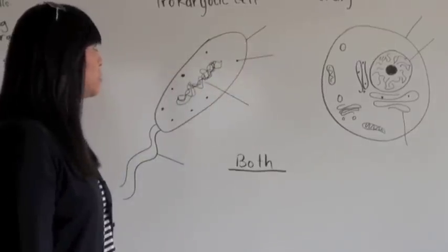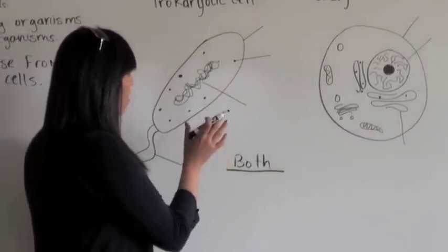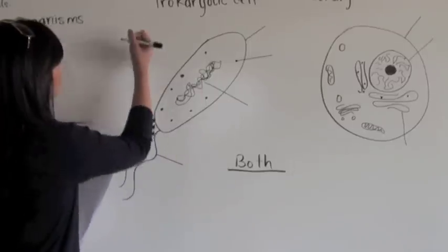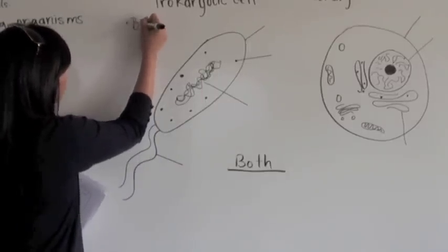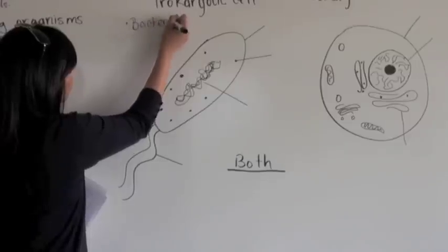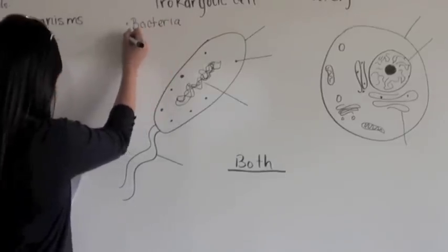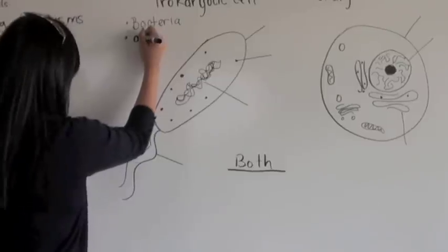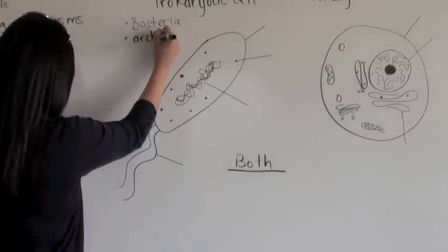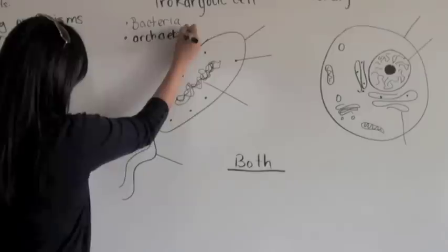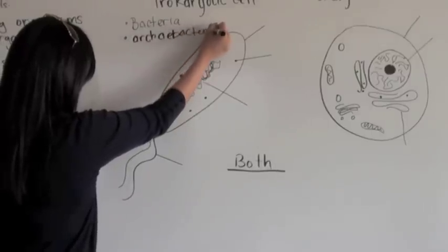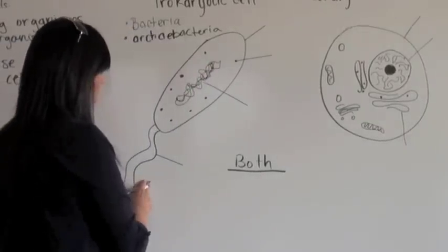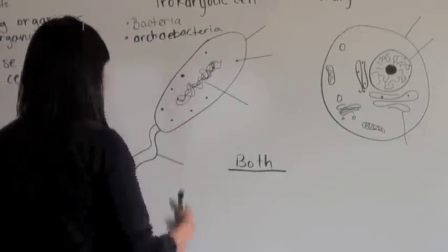So we have a prokaryotic cell, and prokaryotic cells belong to the kingdom of bacteria and archaeobacteria. Okay, and these are generally bacteria, which is right there.